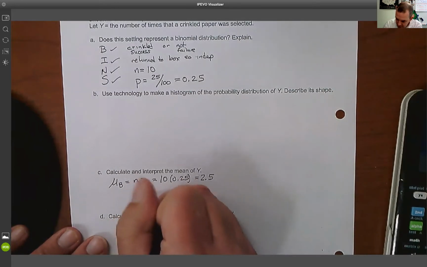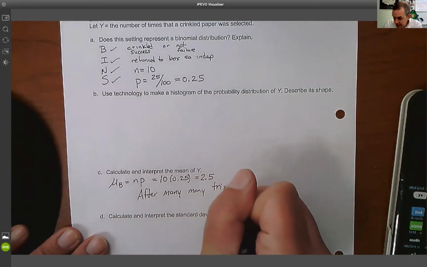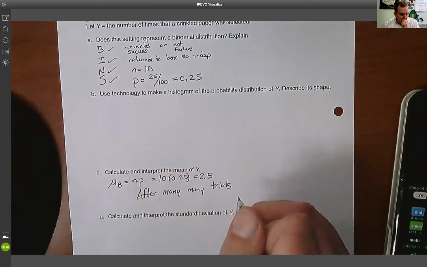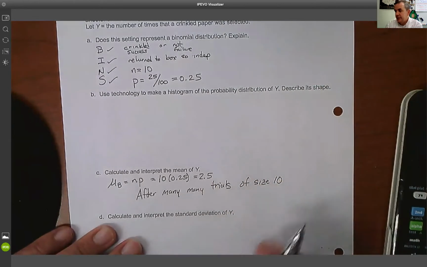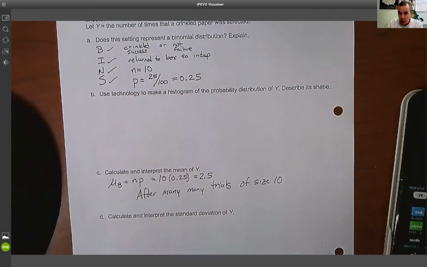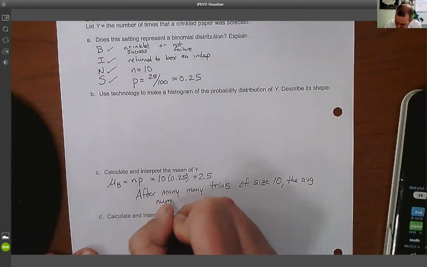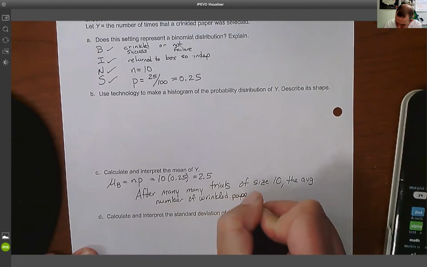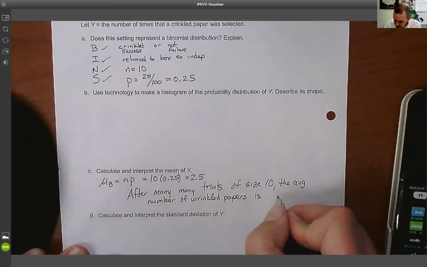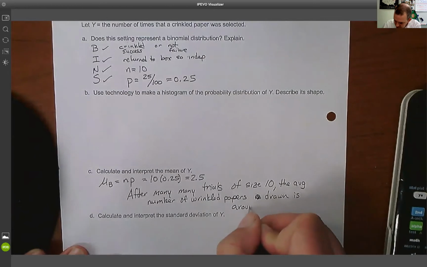After many, many trials, a trial being picking out 10 pieces of paper, if I do this over and over again, the average number of crinkled papers drawn is around 2.5.